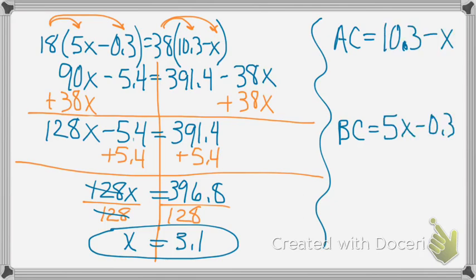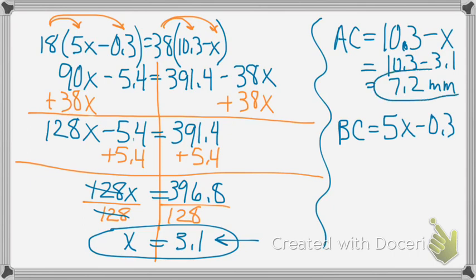So AC was 10.3 minus x, and BC was 5x minus 0.3. So I just have to put my value for x in there and solve it. So AC is going to be 10.3 minus 3.1, which is 7.2 millimeters.